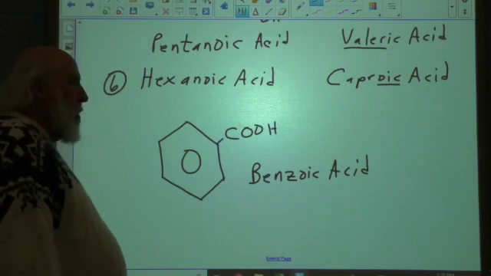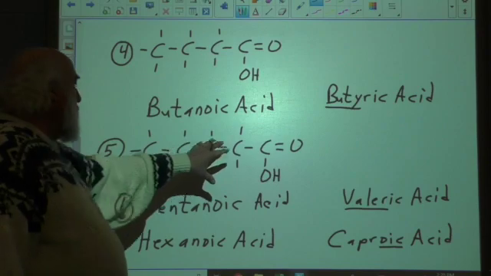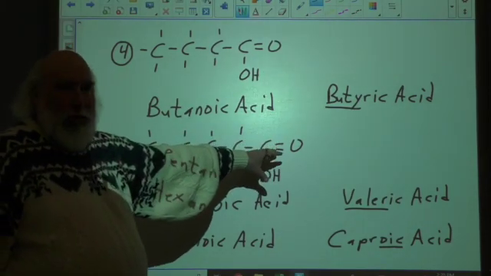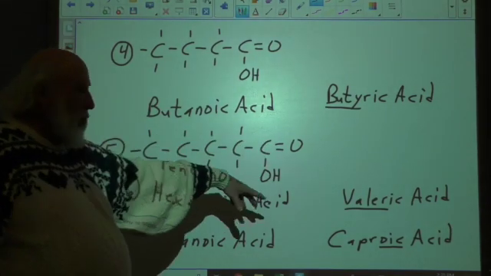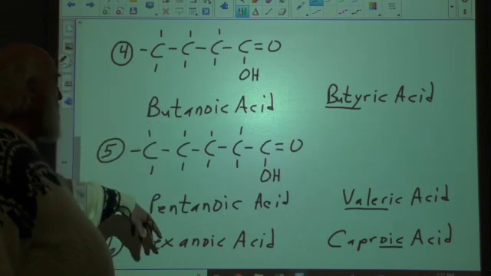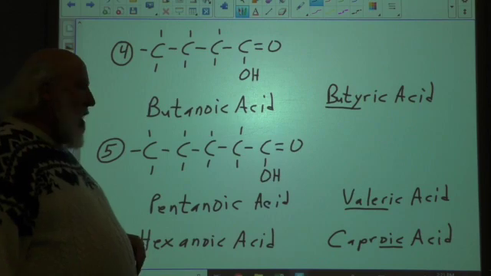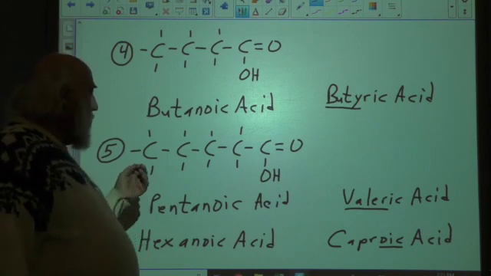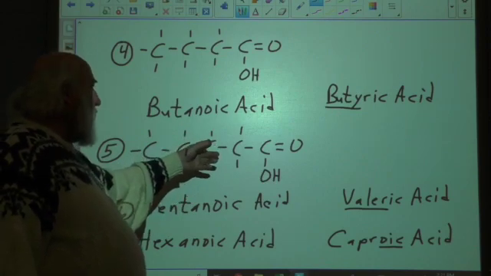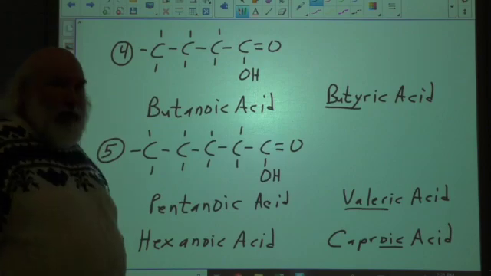Okay? Now, attachments. Like I said, all attachments are numbered away from the terminal functional group. So this is carbon number 2, carbon number 3, carbon number 4, carbon number 5. So if I were to put a fluorine here and a chlorine here, then I would have to call this 3-chloro, 2-fluoro pentanoic acid.